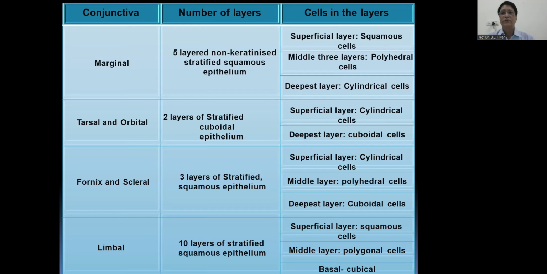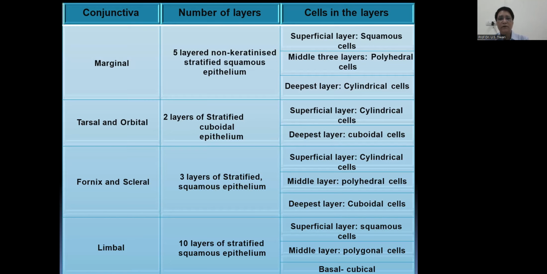Now, what are the cells in these layers? When we talk of the marginal layer, the 5-layered stratified squamous epithelium, it has a superficial layer, which is squamous, a middle cell layer, which is polyhexagonal, and the deepest layer, which is cylindrical cells. The tarsal and the orbital conjunctiva is a 2-layered structure. The superficial layer is cylindrical cells, and the deepest layer is cuboidal cells.